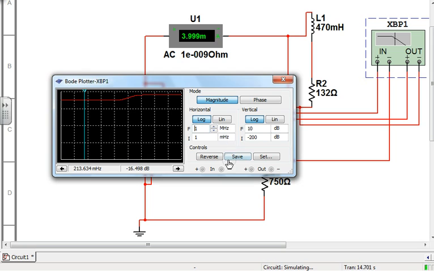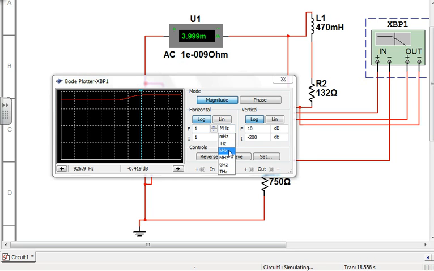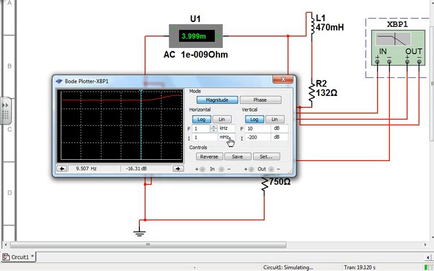Let's go to mega. So where is this guy? Here's 1 kilohertz. So we'll go kilohertz, and we'll drop this guy to hertz.